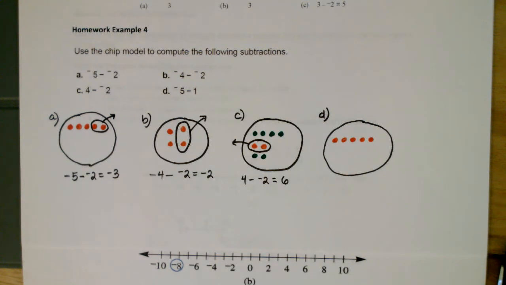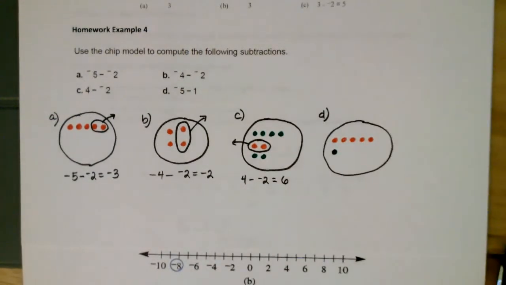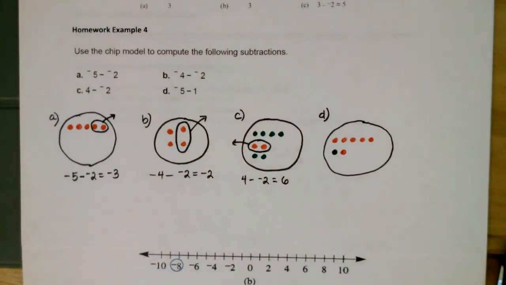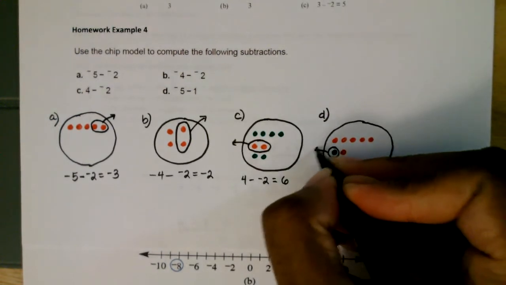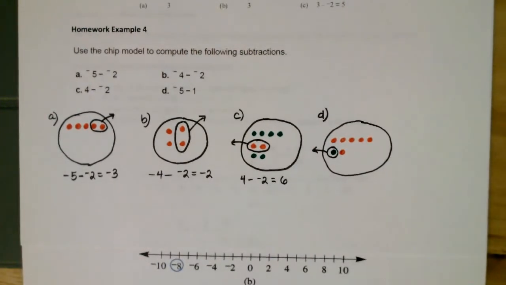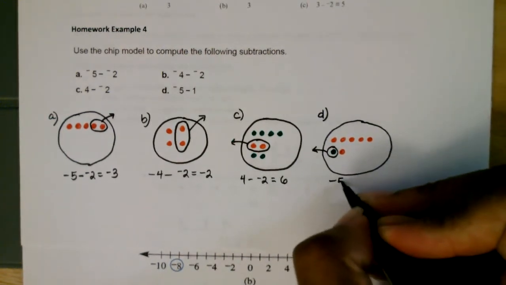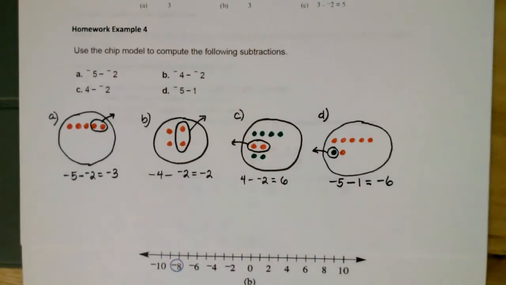In other words, I need to add a green dot and 1 red dot to form that zero pair. So I can subtract a positive 1, which is this green dot right here. I can take that out. How many red dots do I have? 6, which represents -6. So -5 minus 1 ends up being -6.